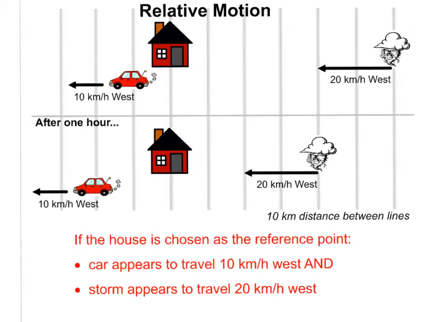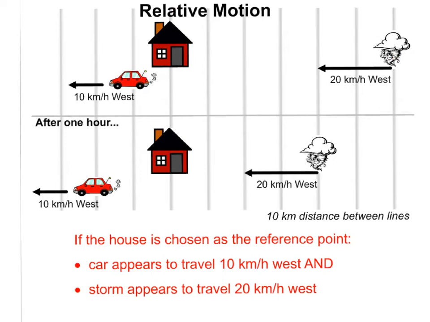And the storm appears to have moved 20 kilometers, excuse me, west. It has been appearing to travel 20 kilometers per hour, and it's made that movement in 1 hour of 20 kilometers to the west. That's if we use the house as our reference point.